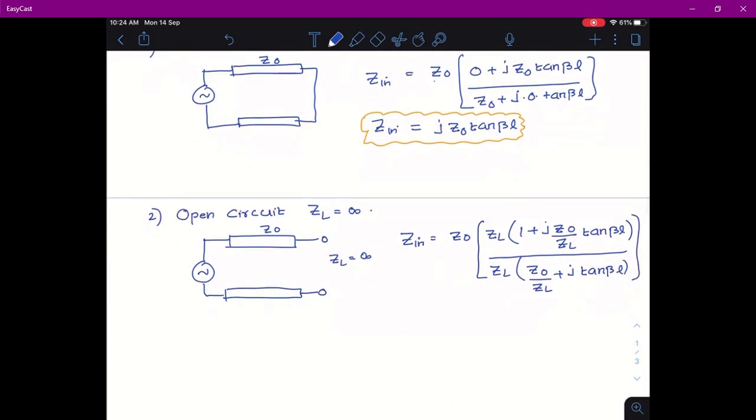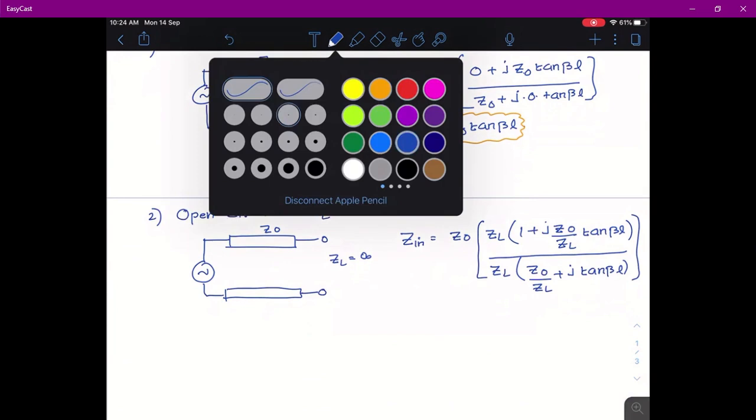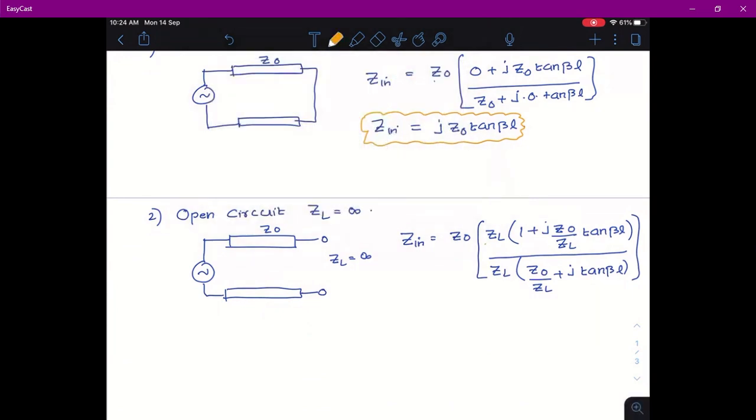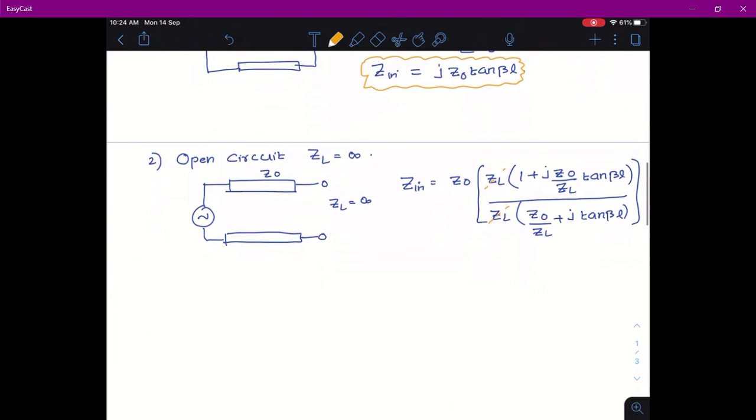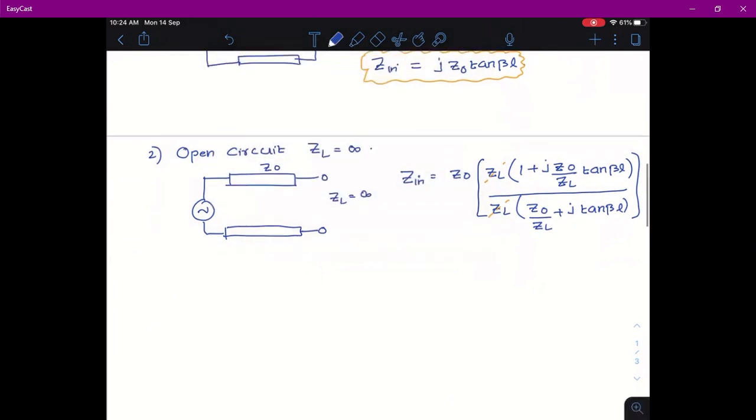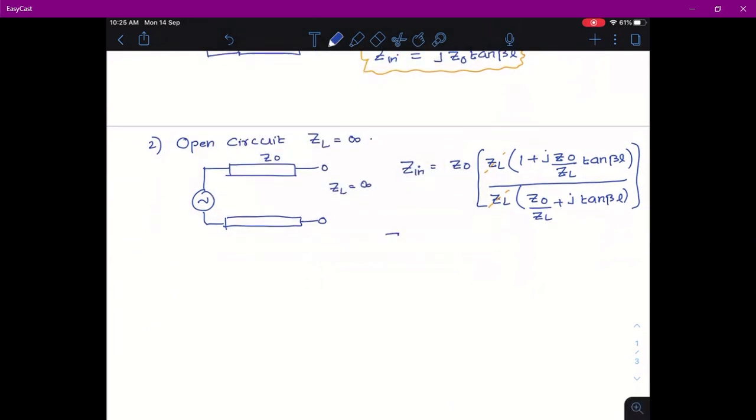Okay. So, the ZL which is taken out common from both numerator and denominator will get cancelled. So, my expression for Zin will be Z0 multiplied by (1 plus j Z0 by ZL tan beta L) by (Z0 by ZL plus j tan beta L).